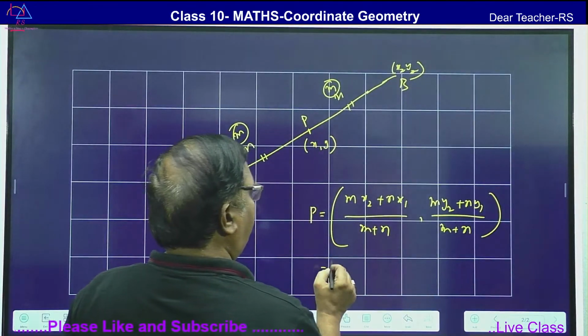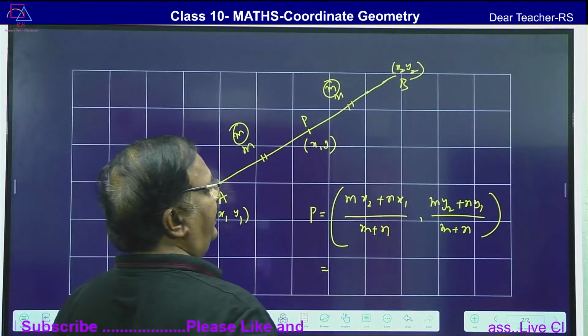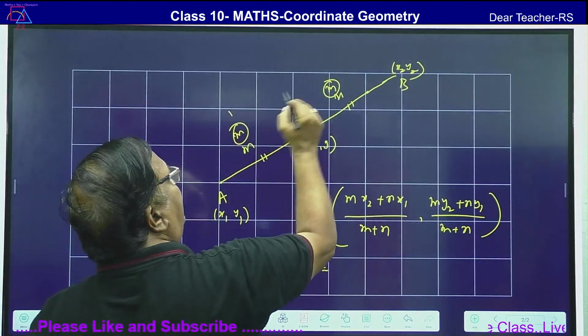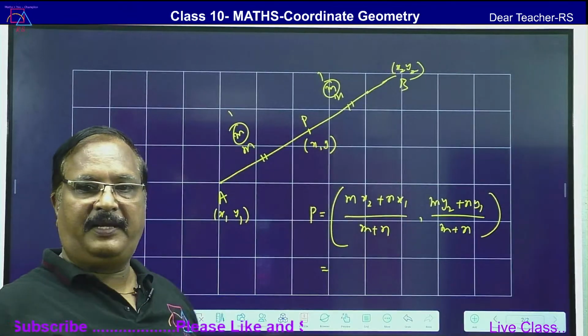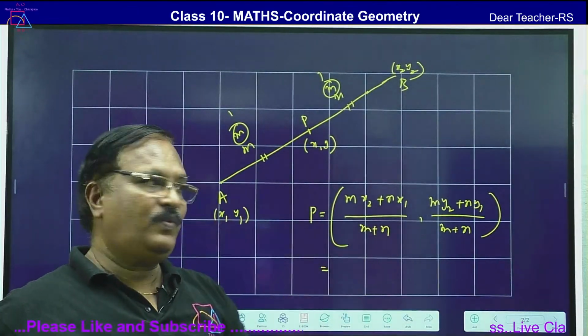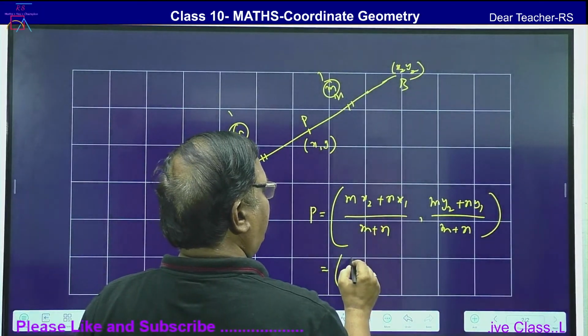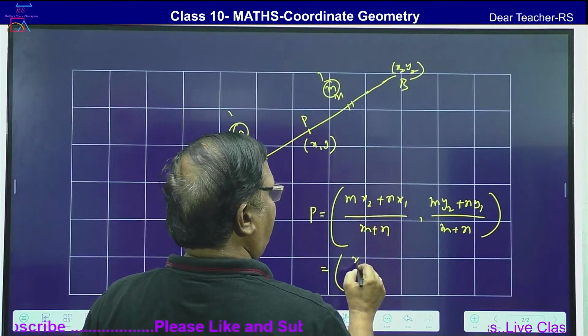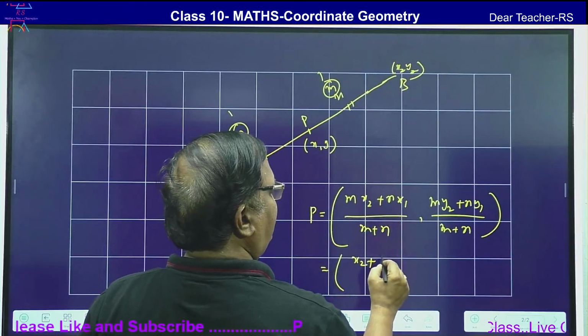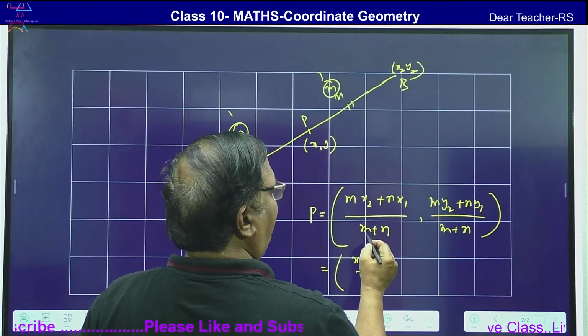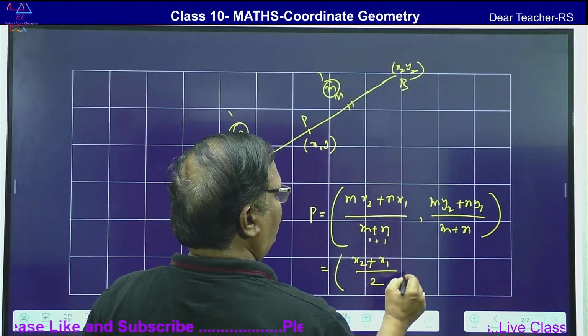Now here we have to substitute the values. Let us say 1 and 1, because both parts are the same. So in place of m substitute 1: 1x2 that means x2, 1x1 that is x1, by 1 plus 1, 2.